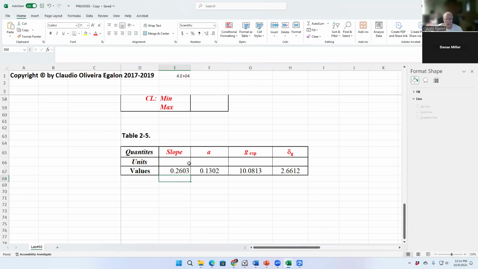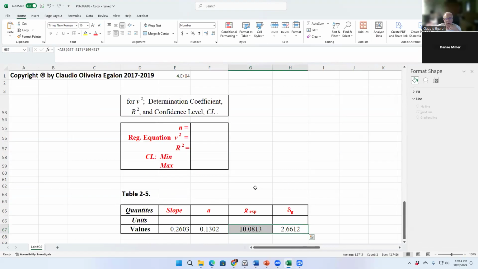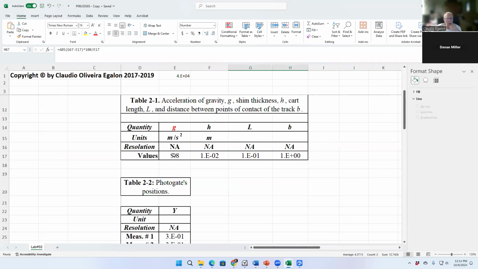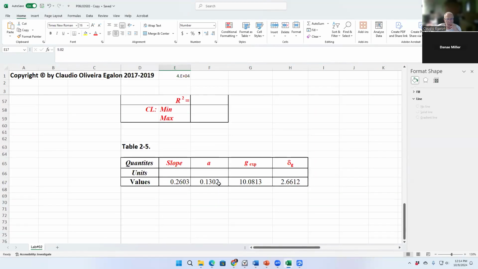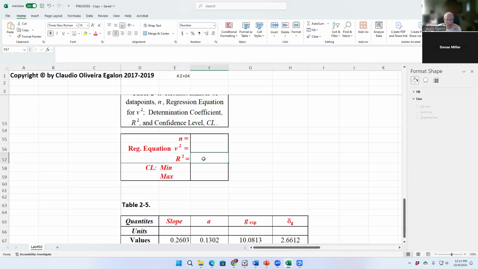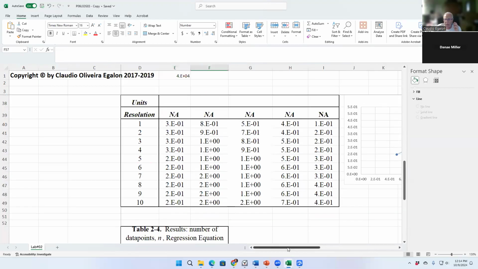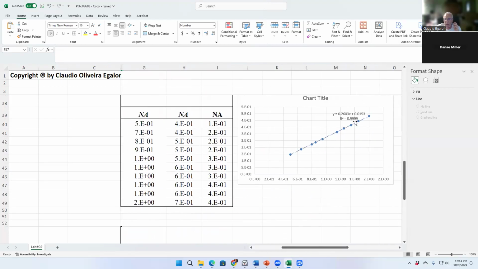0.2603, right? Yes. That's going to be the acceleration of the cart. That's going to be your experimental value for g, and that's going to be your percentage difference from whatever is here at the top. And for the rest of the red values, for R squared, is it 0.9999?